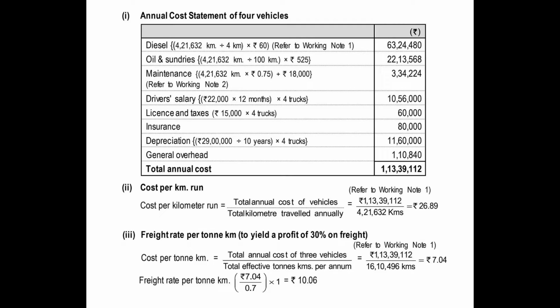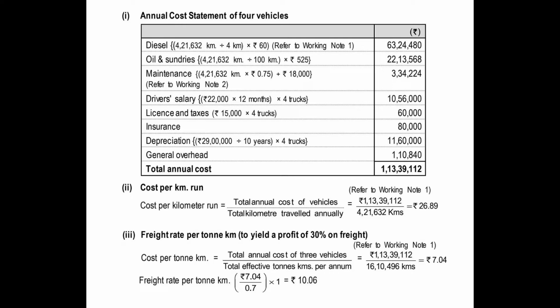That means 1 liter is equal to 60 rupees, and 1 liter is equal to 4 km, or 4 km is equal to rupees 60. This is the way we can understand. So how many kilometers are covered, we have to find out. At this moment we cannot work out the diesel cost without calculating the number of kilometers.